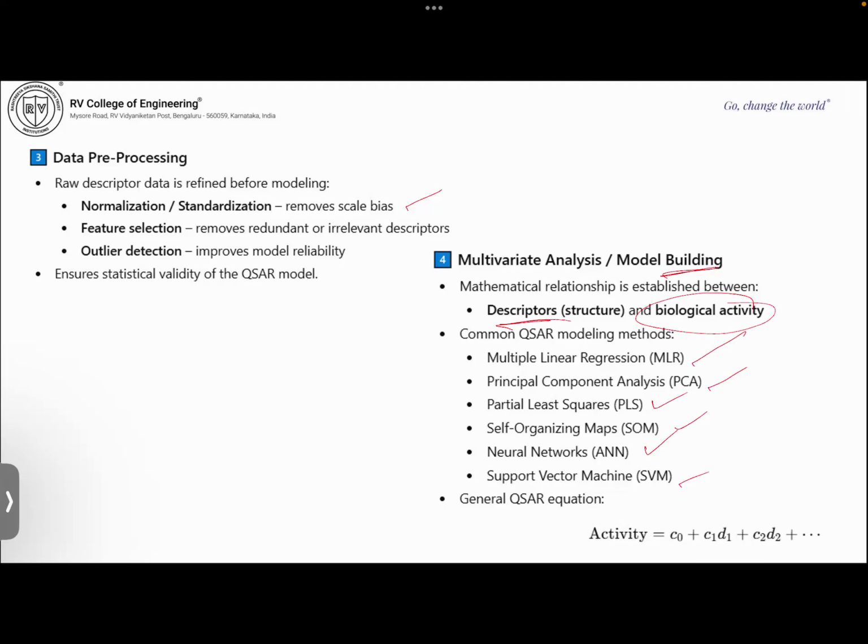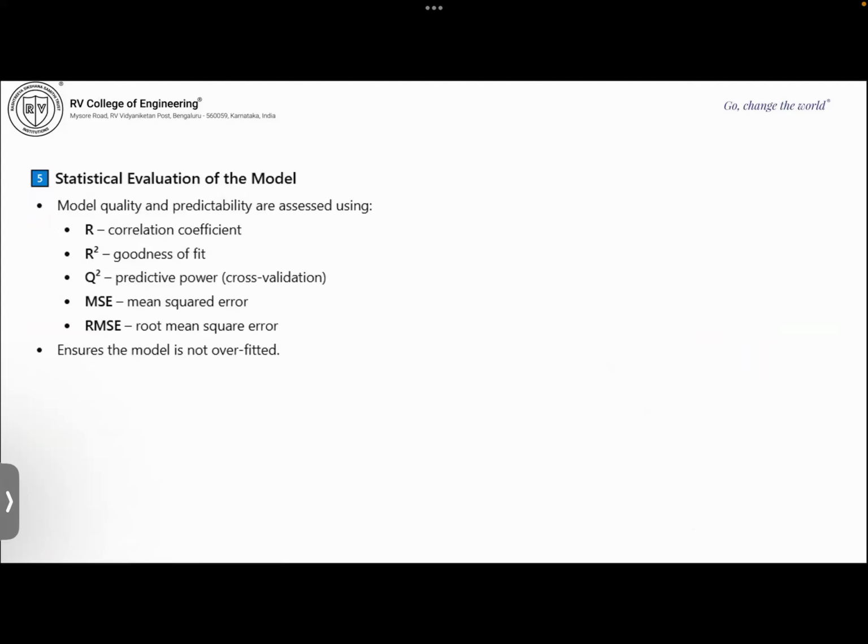So these are the various QSAR modeling methods being adapted. For the general QSAR equation, the activity is equal to C0 plus C1 D1 plus C2 D2, etc., as I have already explained.